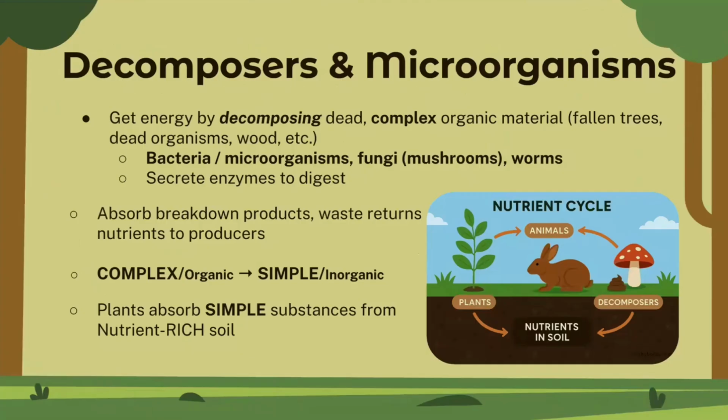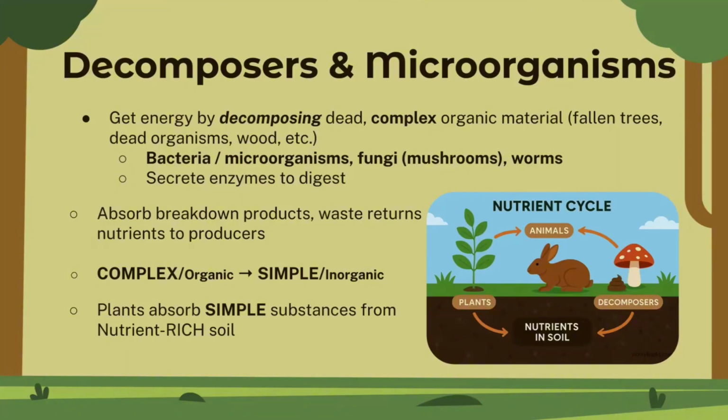Now, our last discussion will be about decomposers and microorganisms. Decomposers, unlike primary consumers and producers, get their energy by decomposing dead, complex organic material, such as fallen trees, dead organisms, wood, and even feces.